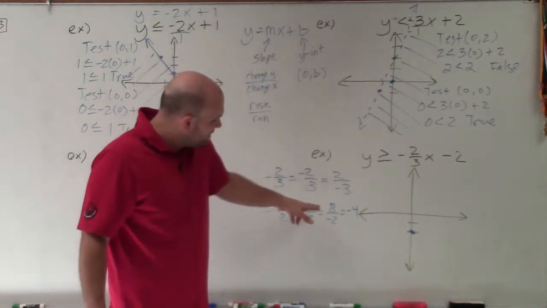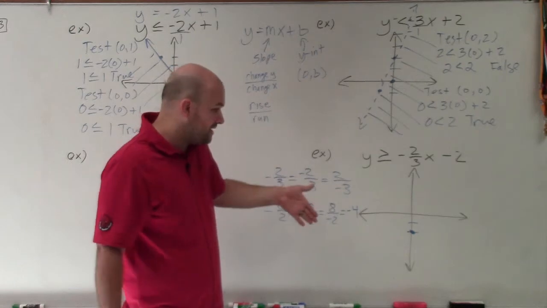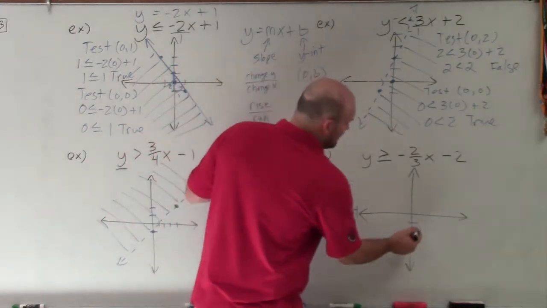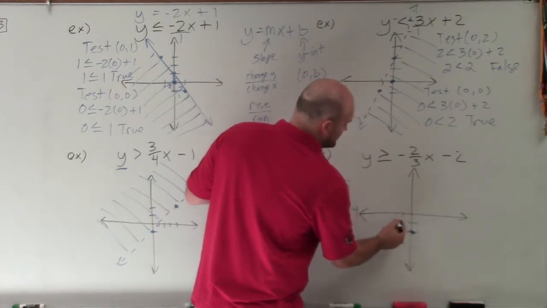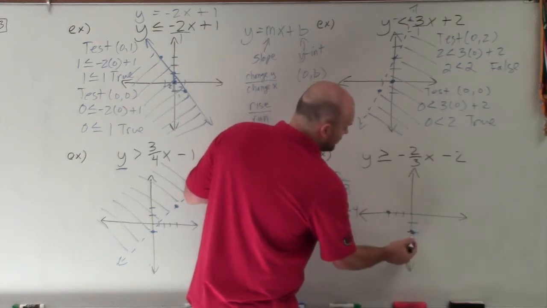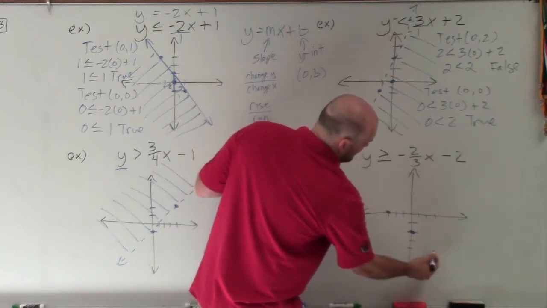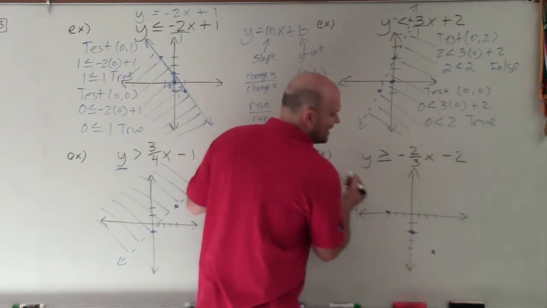So it doesn't matter where the negative sign is, numerator or denominator. The reason I tell you that is because you can either go up to the left 3, 1, 2, 3, or you could go down to the right 3, 1, 2, 3. And you can see that when I plot these points, they all lie on that same line.